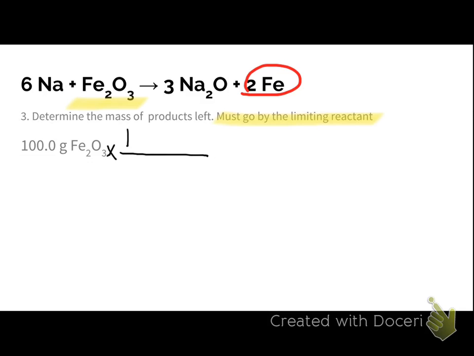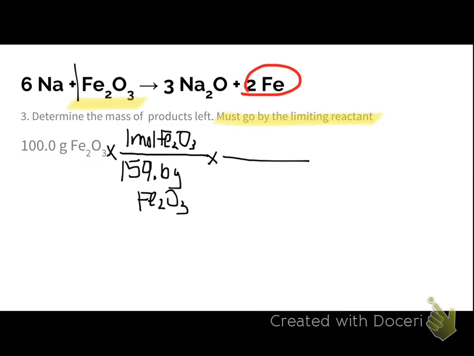So using that molar mass again, now we're in moles. Now your molar relationship is 1 to 2 here, moles of iron.